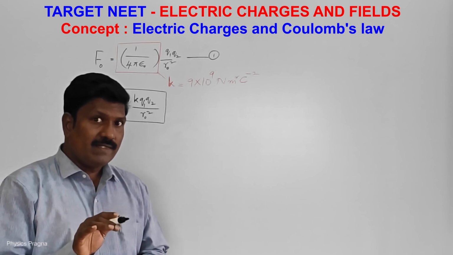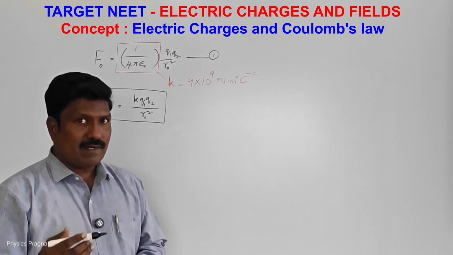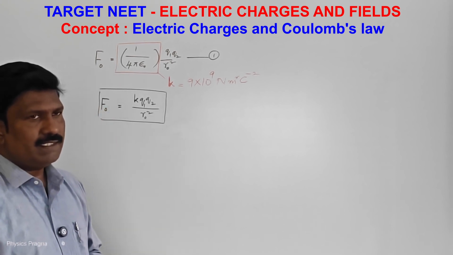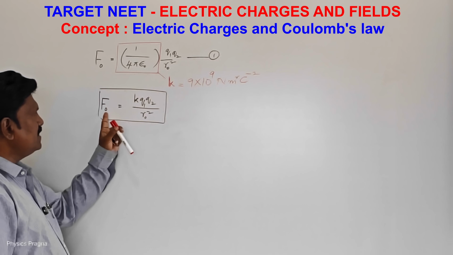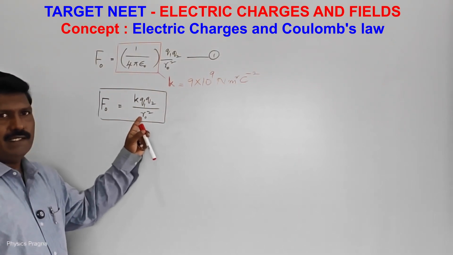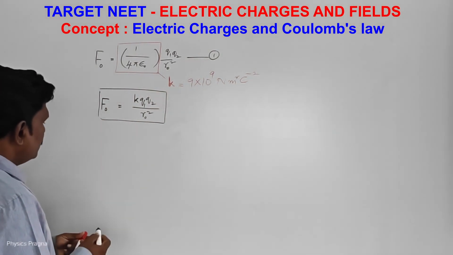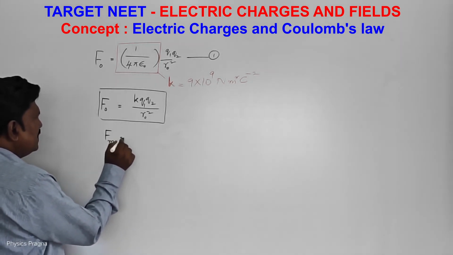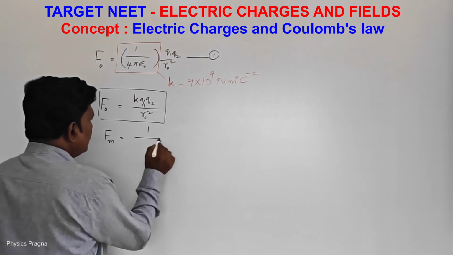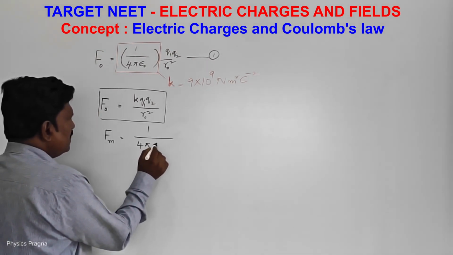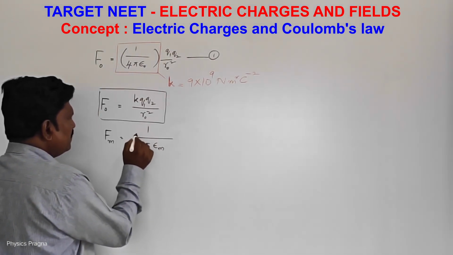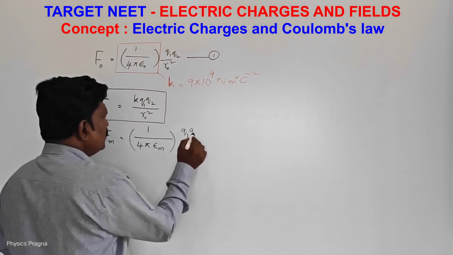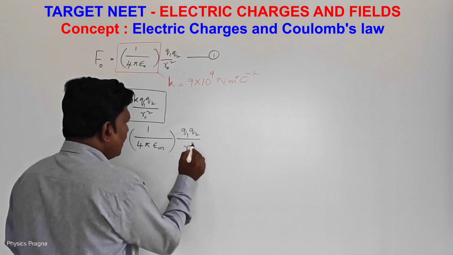If a medium is there between the charges and in some cases a medium is not there between the charges, if that kind of comparison comes, then you have to use these symbols so that it will distinguish this is only for vacuum and air. So if a medium is there between the charges, then 1 by 4 pi epsilon of medium, the permittivity of medium, and q1 q2, this is the r distance.